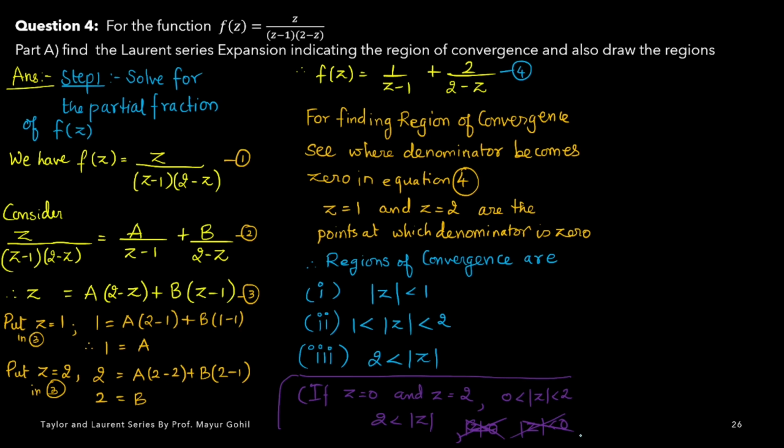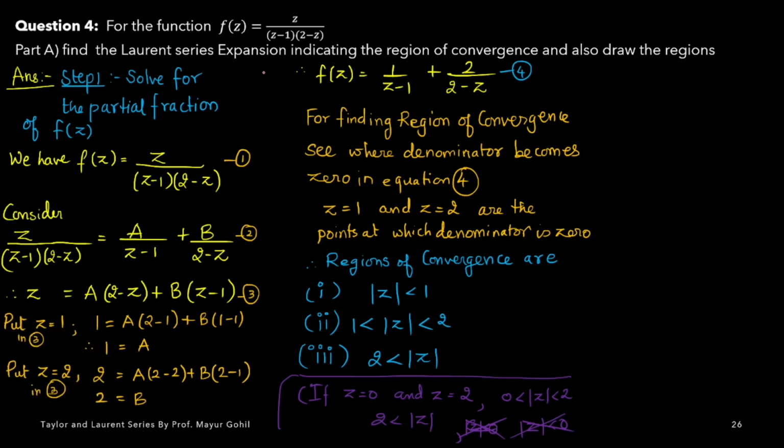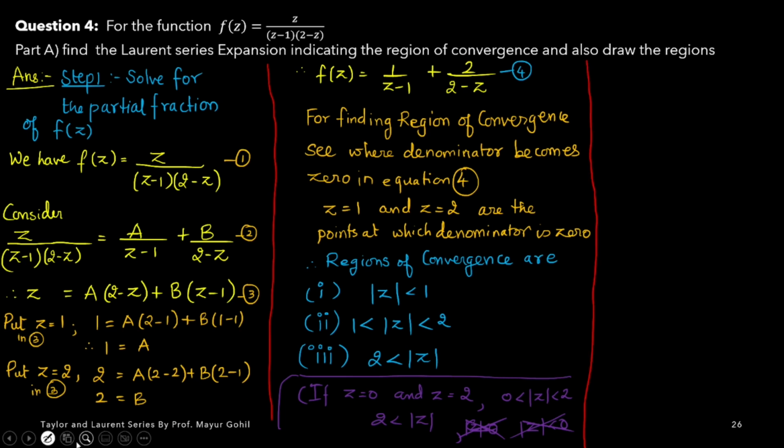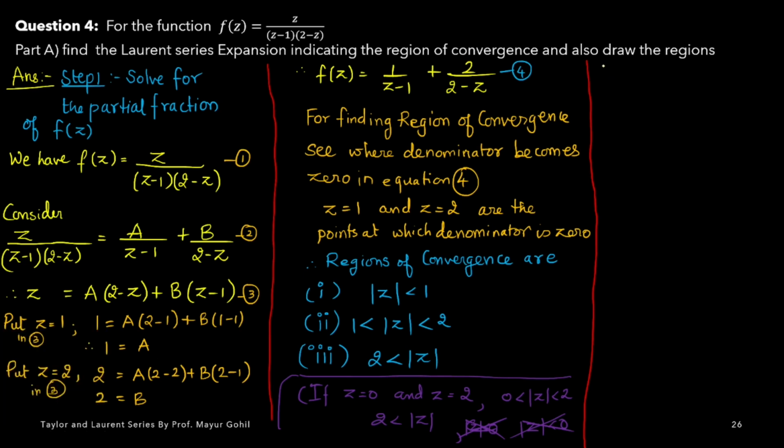Now let us see how to solve. I'll put a separator to understand that we are going column by column. Let us see how to solve case number 1 for the Laurent series expansion. Case 1 says that mod z is less than 1.